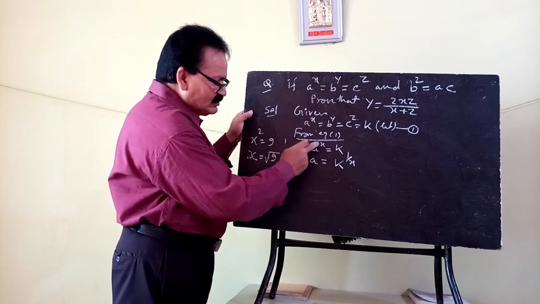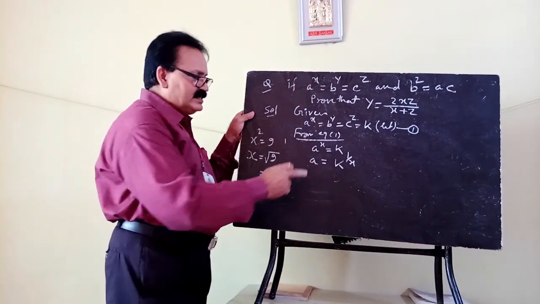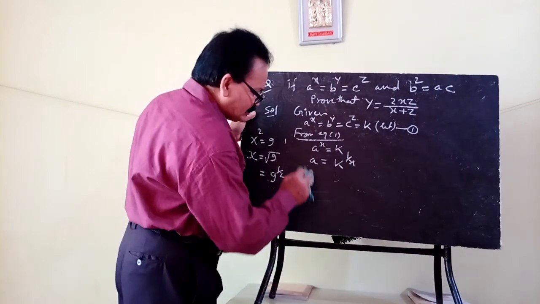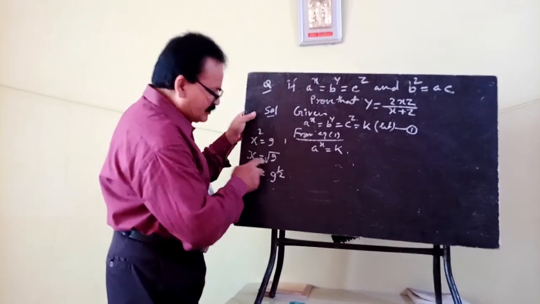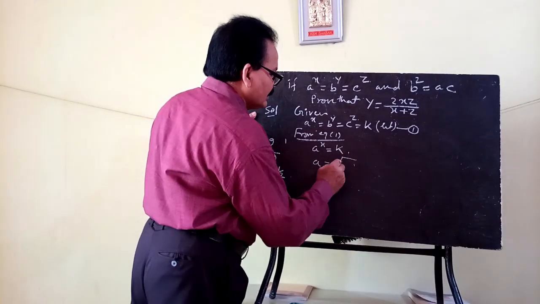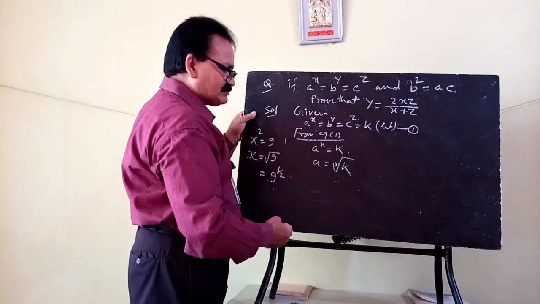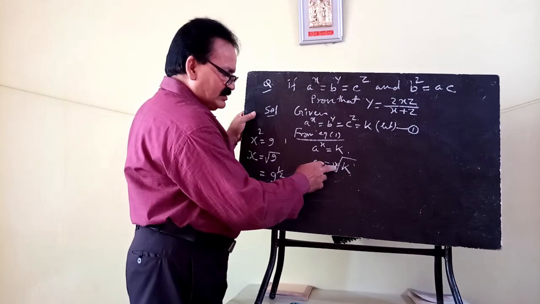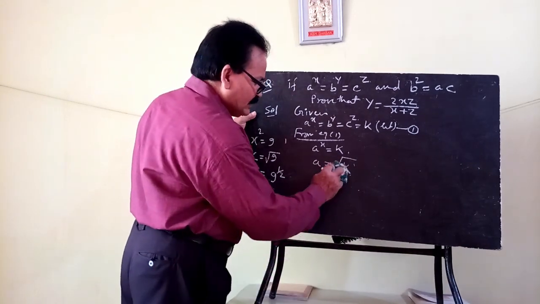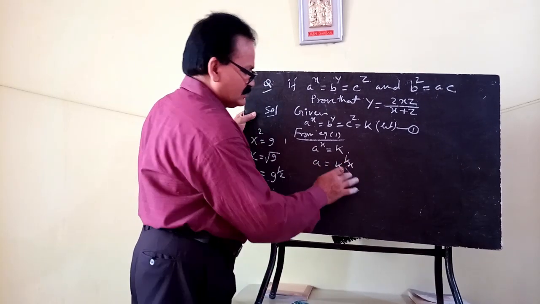Similarly, when a to the power x is your k, then a will be x root of k. So when it is expressed in exponential form, because here it is x, this will be written as k to the power 1 by x.